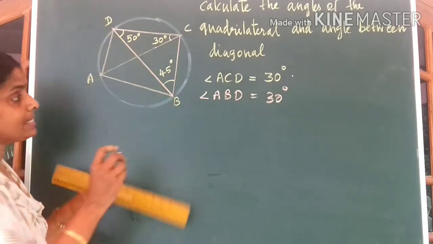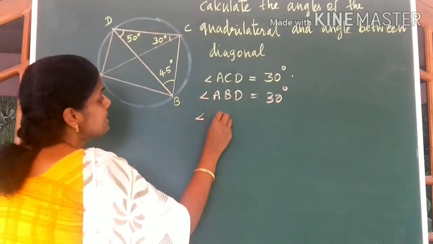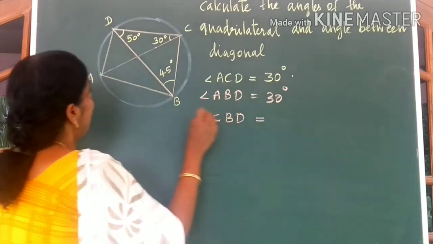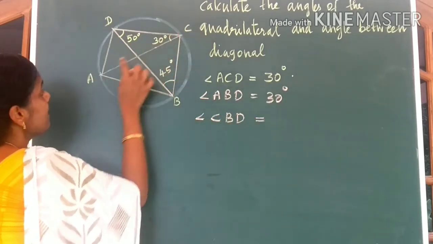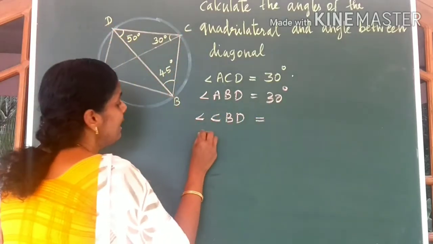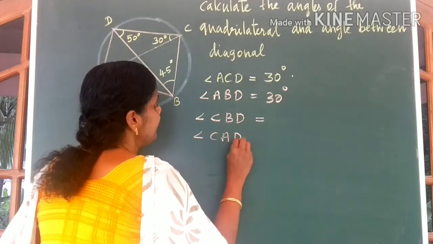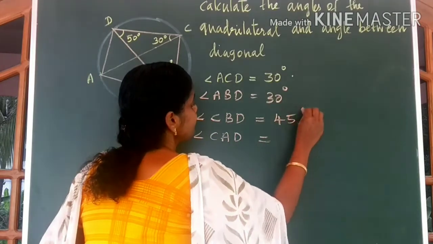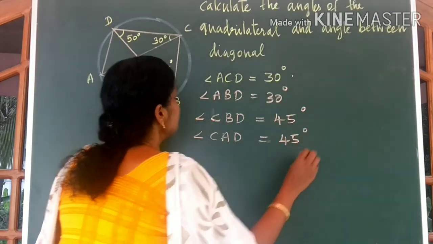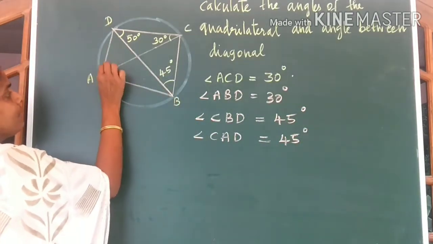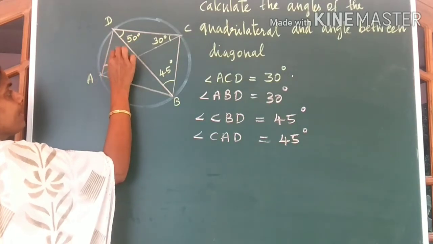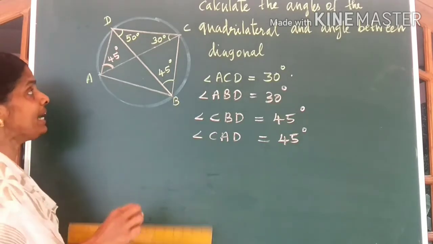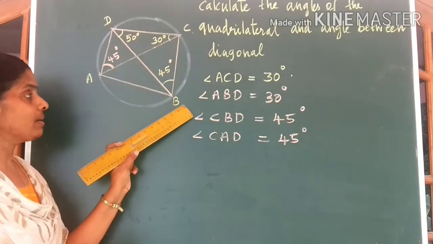That is, angle CBD and angle CAD are both equal to 45 degrees. So we can write 45 degrees over here.